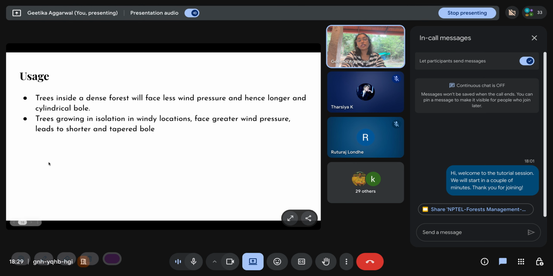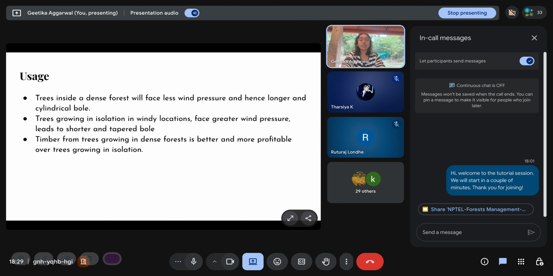Trees that, on the other hand, grow in isolation in windy locations face a lot of wind pressure, which leads to a shorter tree and a more tapered bole. Now, if you compare these two trees, you will be able to figure out that timber which comes from trees growing in dense forests is much better and more profitable than timber from trees growing in isolation.